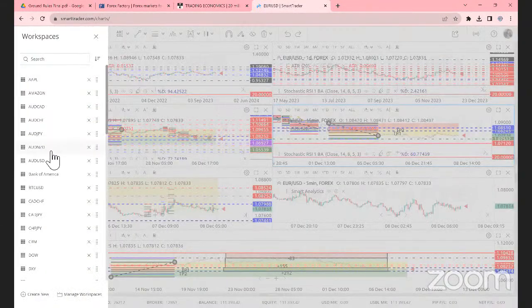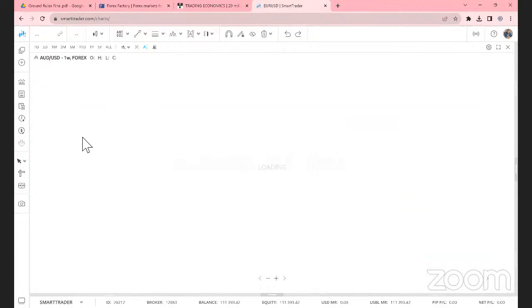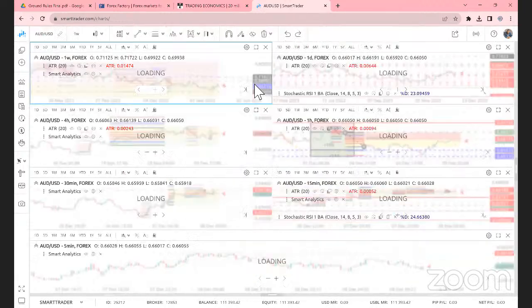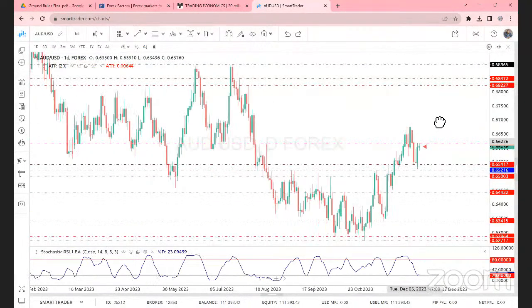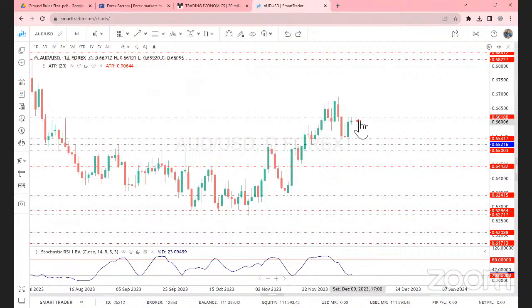All right. So let's take a look at the Aussie dollar. Take a look at the rest of the dollar pairs as well. We'll come in and take a look at the daily. Okay. And hey, that's a good level right there, right? And we're holding. Higher highs and higher lows.